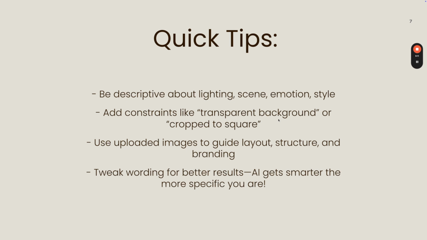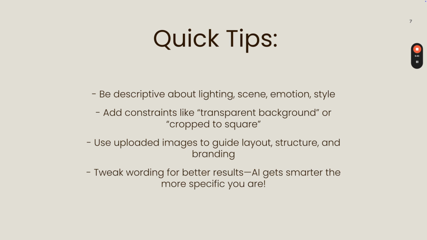You can add constraints like that. You want the image to be square, or 9:16, the reel format and everything. If you have a brand guide, if you have a logo, you can upload your logo or brand guide or colors and tell it to create the image with those colors included, so that the images have your branding in them.